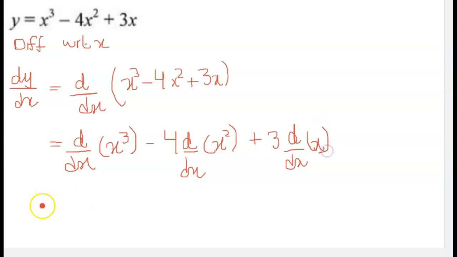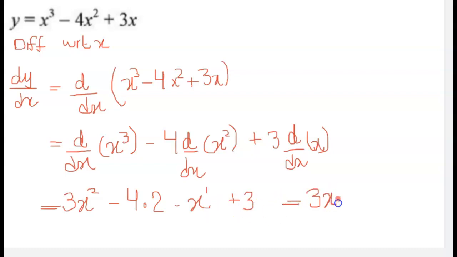Now when I differentiate that, 3 comes out and reduce the power by 1, 3x squared, minus 4, the 2 comes out, 4 times 2, and then x to the power of 1, plus just a 3. If I simplify that, that becomes 3x squared minus 8x plus 3.